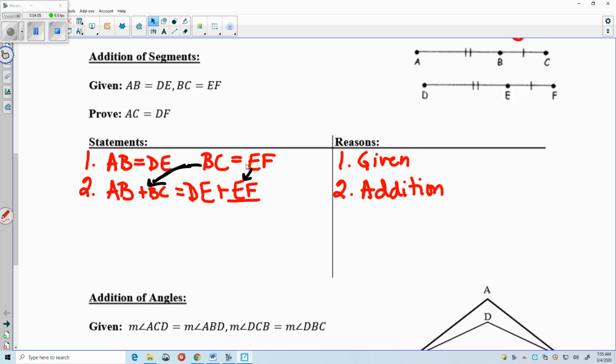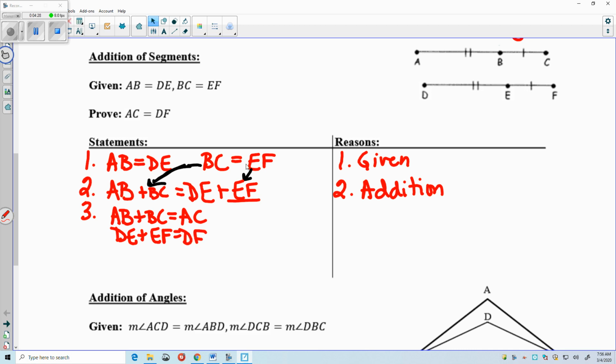Okay. Now there's not too much we can do. So what I would think is, well, what do I know about the segments? If I take a look at that top segment, AB plus BC, I know if I put them all together, that's going to equal AC. And I can do the same with the other one. If I know DE plus EF, I put it together, and that's going to equal segment DF.